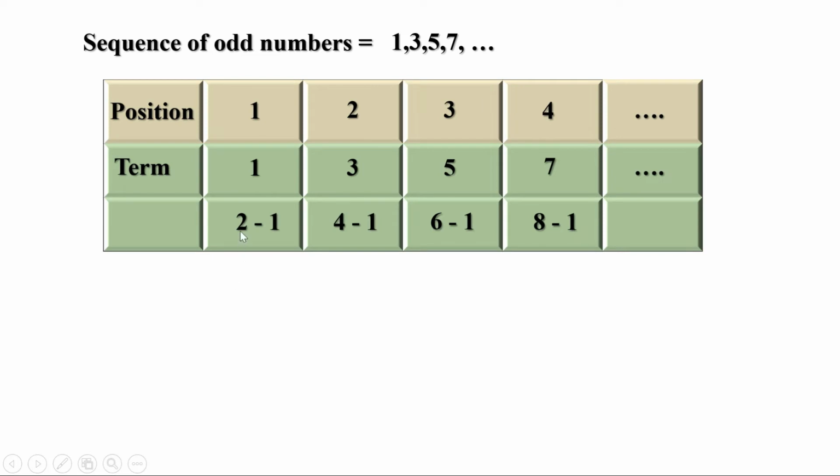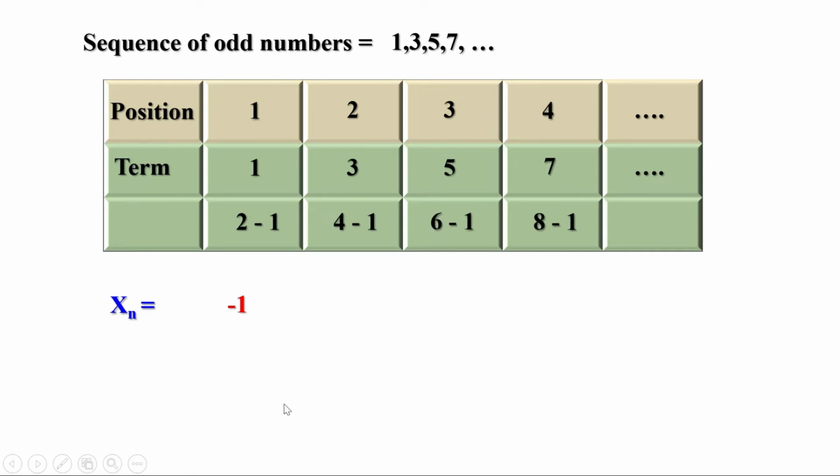Now look at each of these. Minus 1 is common everywhere. So in the nth term also, the last part is minus 1. And what about the first part? When the position is 1, the first part is 1 into 2. When the position is 2, the first part is 2 into 2. When it is 3, the first part is 3 into 2.